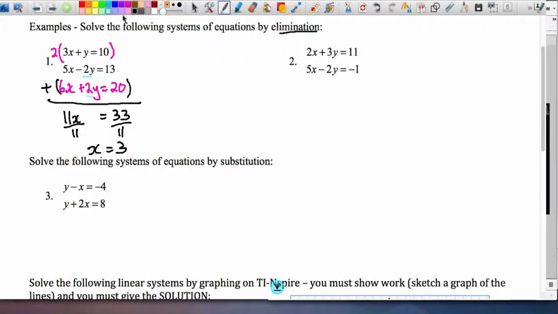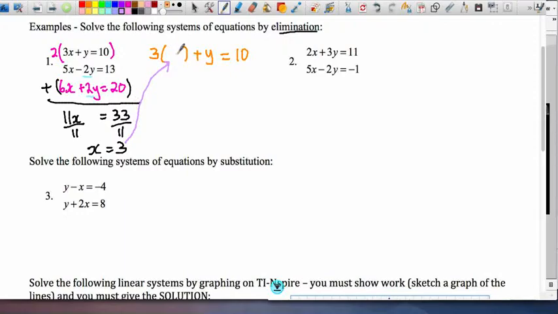The next part of the process is to substitute that value back into either of the equations to find the missing variable, which is y in this case. So I have 3 times x plus y equals 10. I've selected the first equation to substitute back into. It doesn't matter, you could have substituted into the second equation as well.